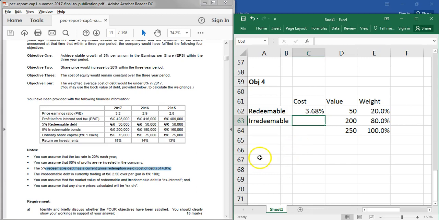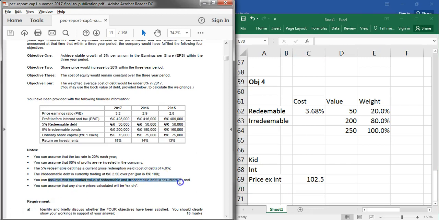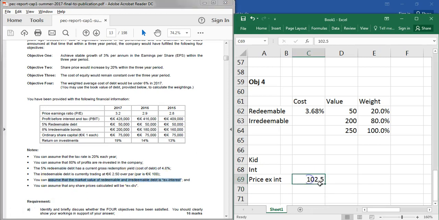The irredeemable, we have to do a bit of calculations. So the cost of the debt for irredeemable, I'll call it KID. How we get that is, we get the interest and we divide by the price, which is ex interest. We're told in the assumptions, assume the price is trading at 250 above par, and par is 100. And you're told any market value you calculate is ex interest.